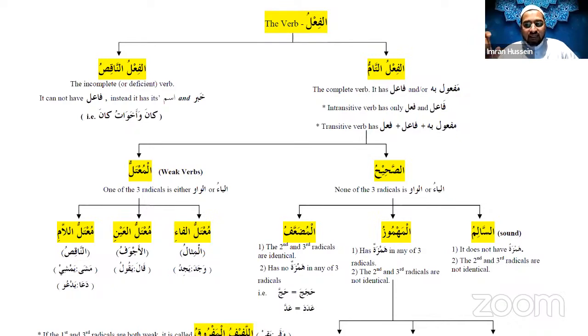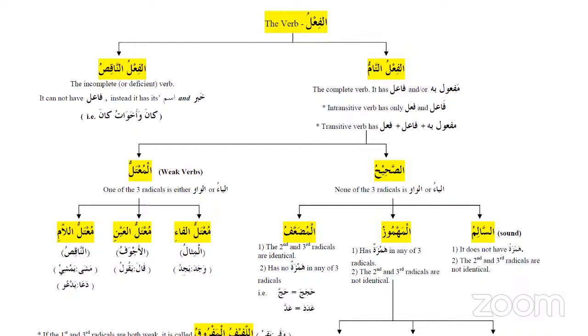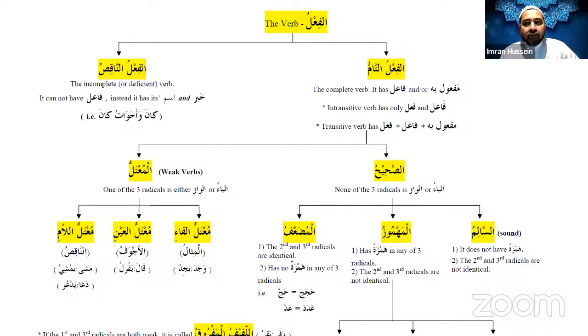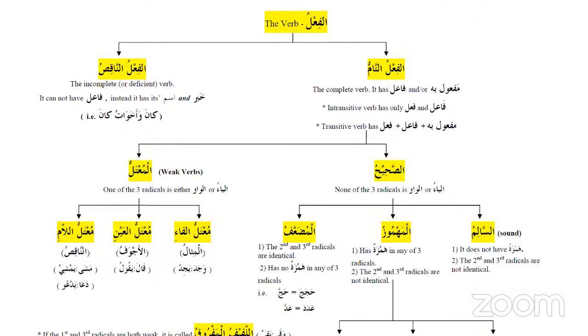Kana, what it does, it enters a nominal sentence. Al-jumlatul ismiyatu. For example, if I said al-mudarrisu jadidun, so al-mudarrisu and jadidun is mubtada and khabar. Exactly, mubtada and khabar.